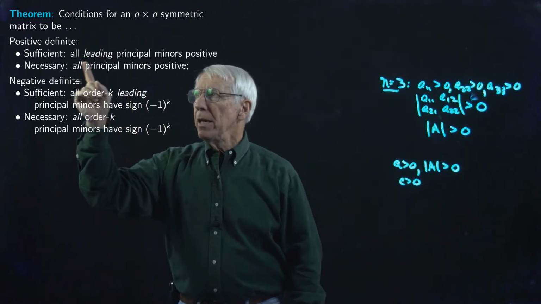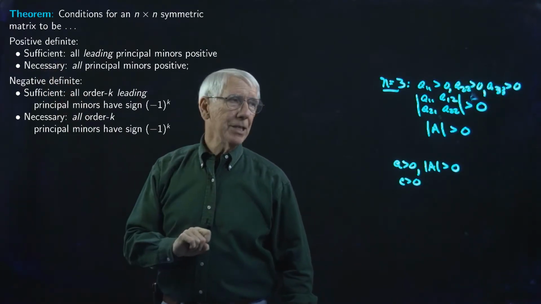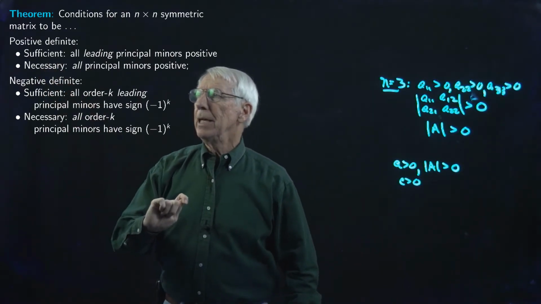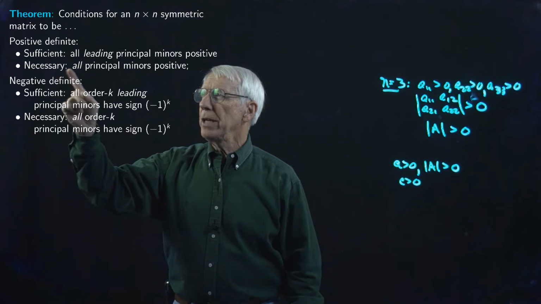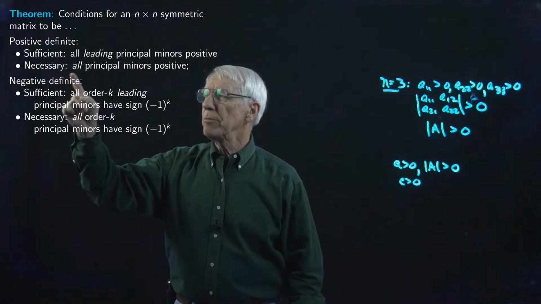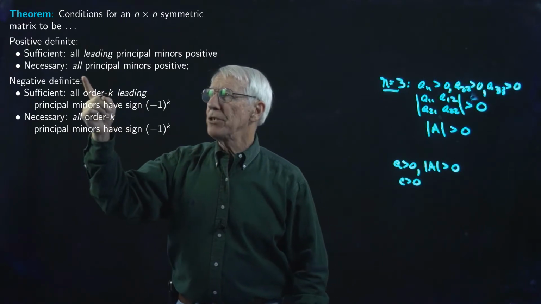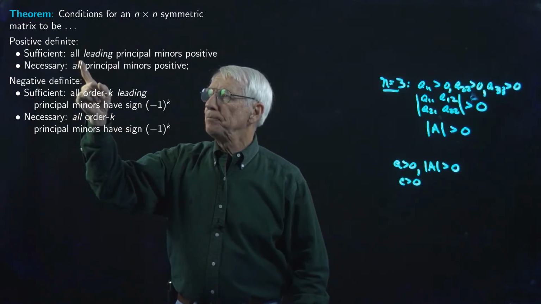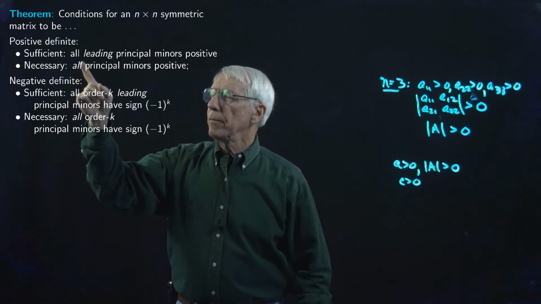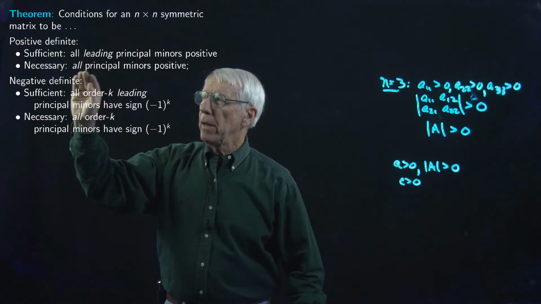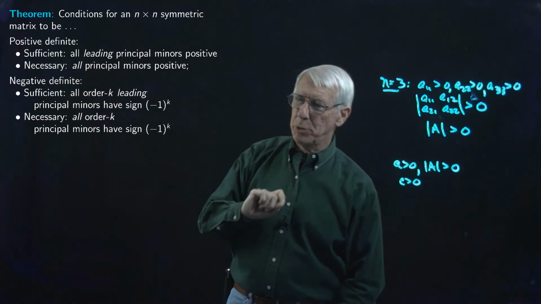And of course, in the negative definite case, that's a little trickier, because it says that all of the leading principal minors have to have the right sign. Let's put it that way.